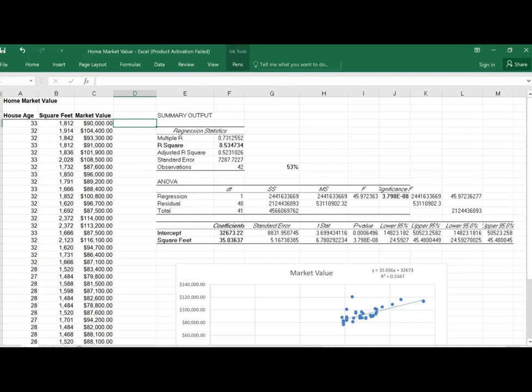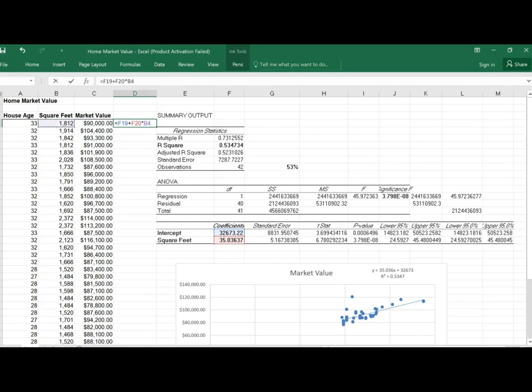But can we calculate what the model would predict this house would be worth? Sure we can. In fact, I wanted to be in Excel when I did this because I can very easily use some formulas, and it's using many, many decimals, so it's very accurate and I don't have to worry about rounding. So I've got my intercept, which is my beta naught estimate, and I'm going to take the estimate of beta 1, 35.03, and multiply it by the actual number of square feet for this house.